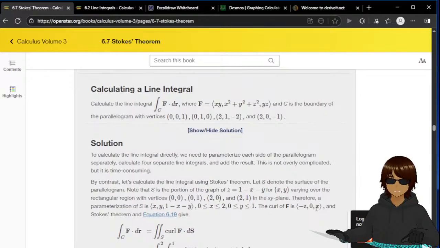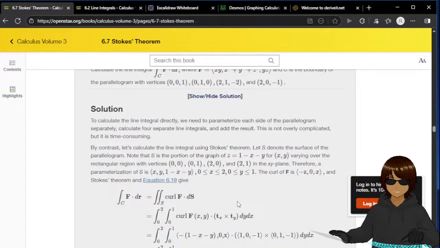Can I understand how they got the curl? But I don't understand how they got this, dx, dy.